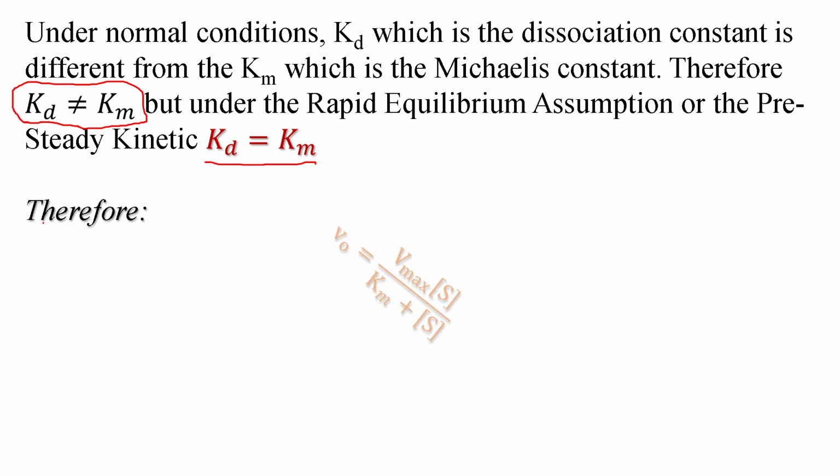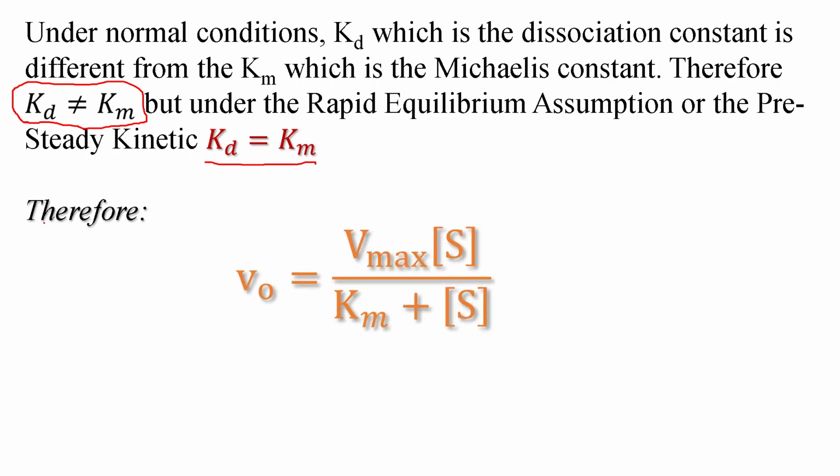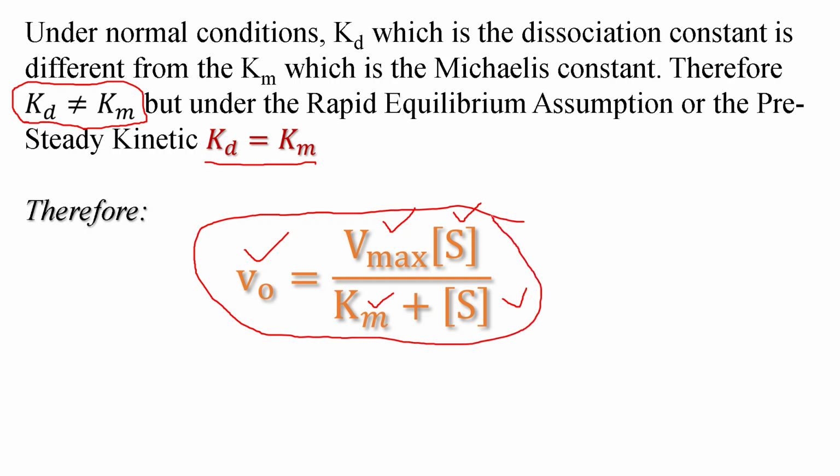Therefore, if this holds, we can now say that V0 will be equal to Vmax multiplying substrate concentration all over Km plus S. This equation here is referred to as the Michaelis-Menten equation, which shows us the behavior of an enzyme at low substrate concentration.